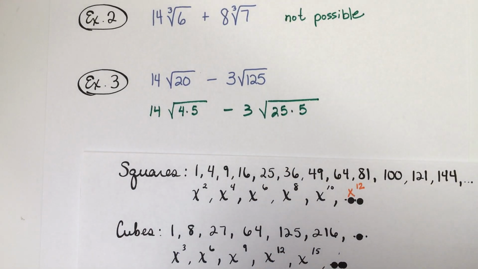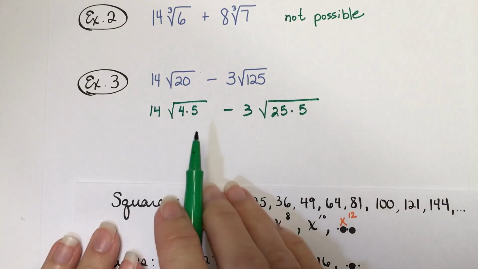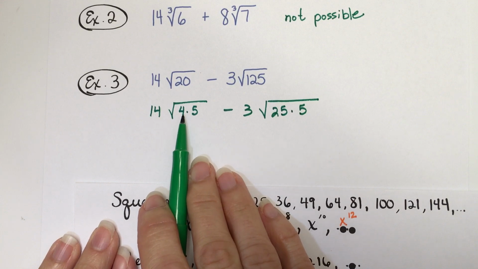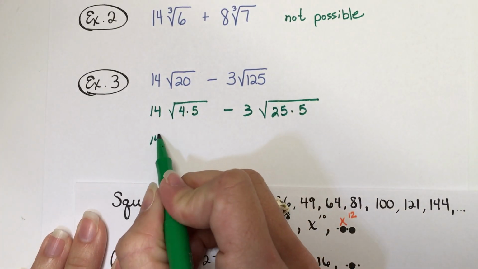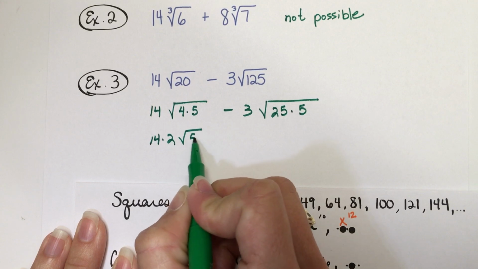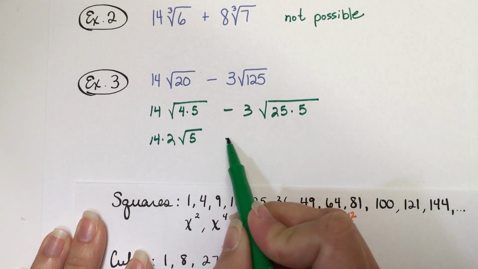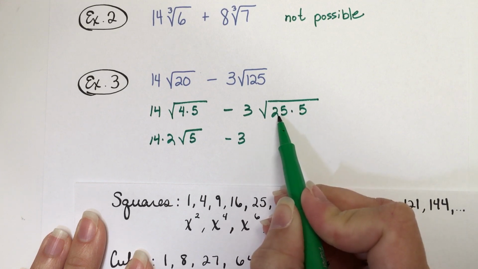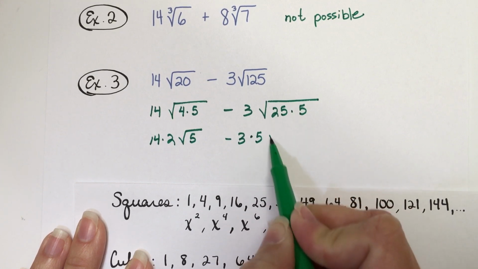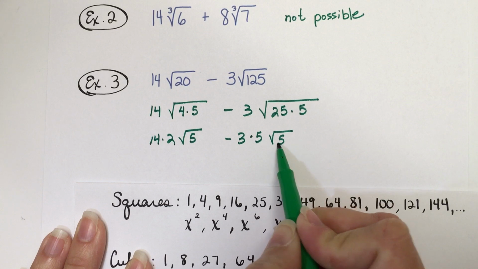Now, we did this simplifying in the previous section, okay? So we've already learned how to simplify. Okay, square root of 4 is 2. Now, when I bring that 2 out front, remember you multiply it times anything that's already out front. Square root of 25 is 5, and this 5 is just left underneath.